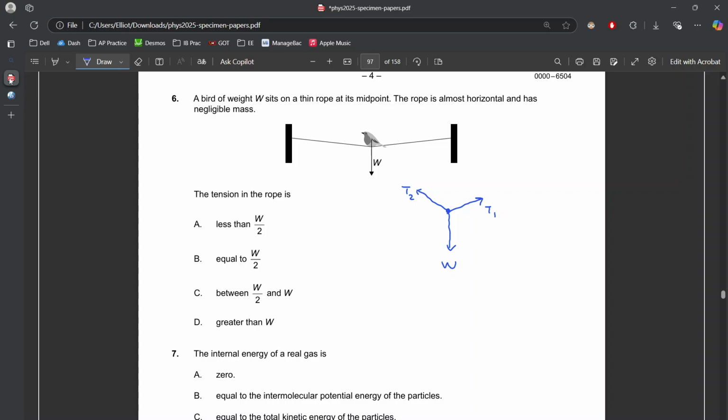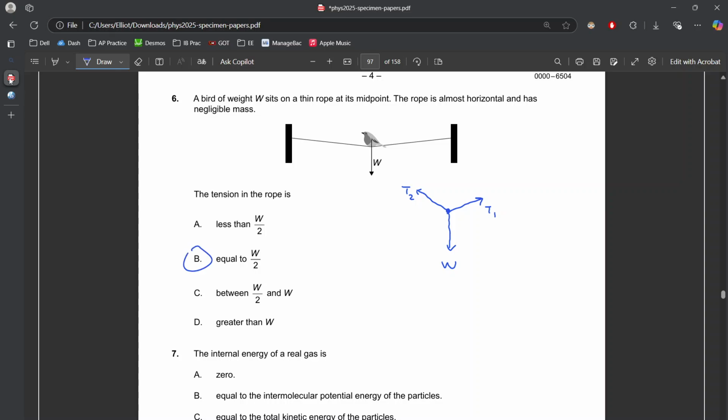The rope is almost horizontal and has negligible mass. See, this is a problem that I don't really know how to approach.